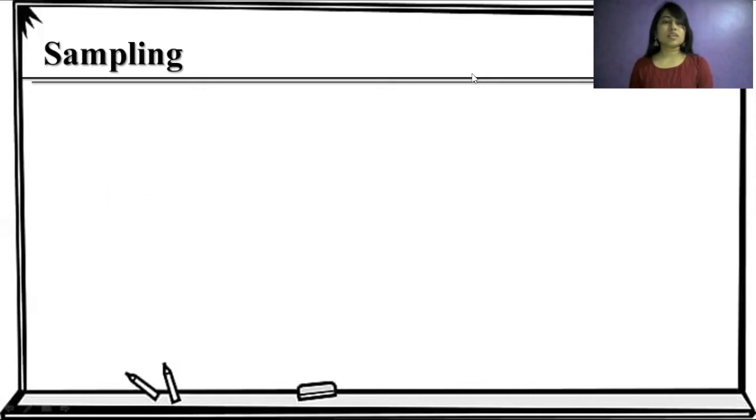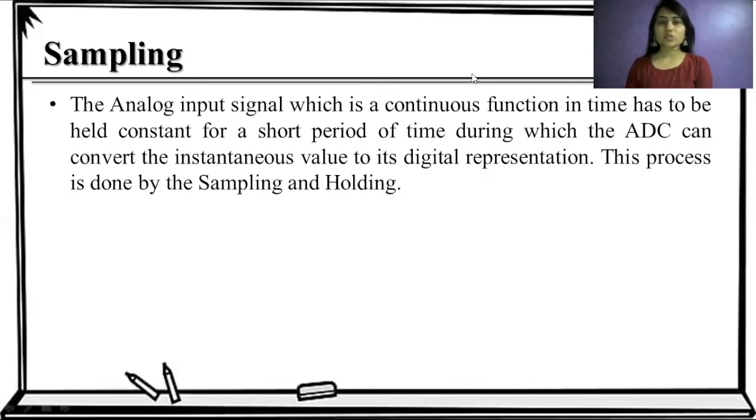First, sampling. The analog input signal, which is a continuous function of time, has to be held constant for a short period of time, during which the analog to digital converter can convert the instantaneous value to its digital representation. This process is done by sampling and holding.